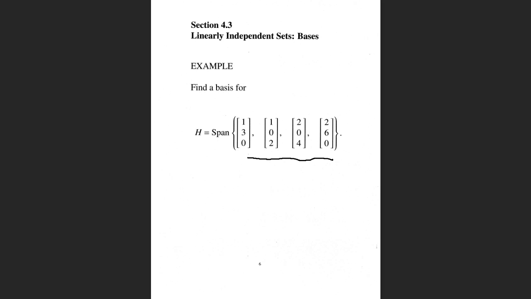So let's go ahead. We have to determine the linear dependence relationship between these four vectors. We're going to tie this into what you've learned. I create a matrix A whose columns are those four vectors: 130, 102, 204, and 260.